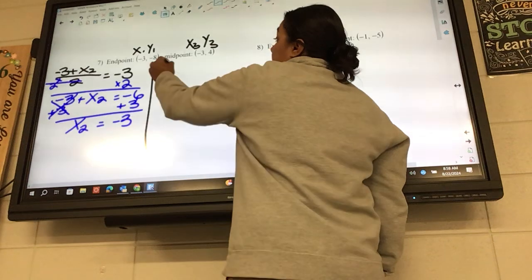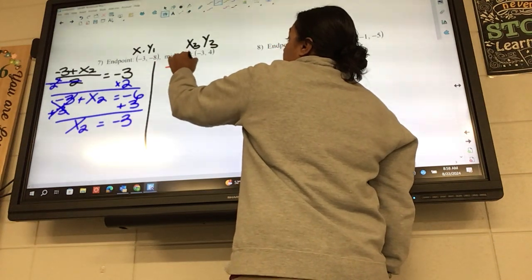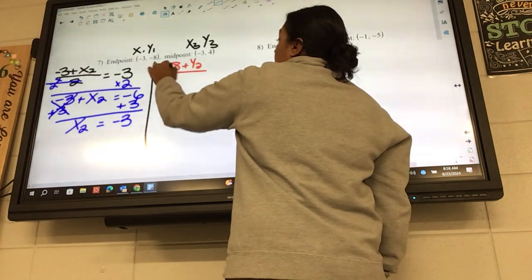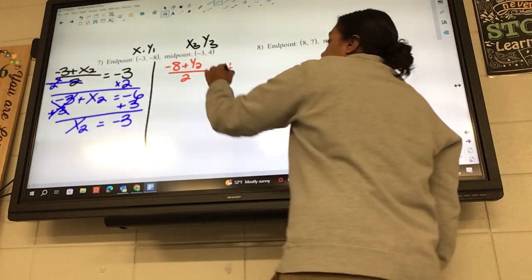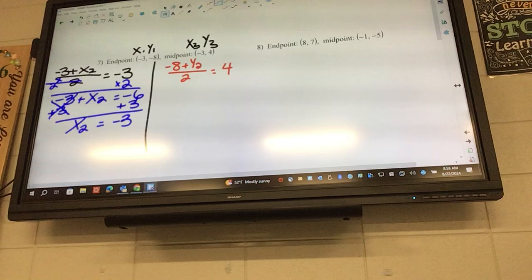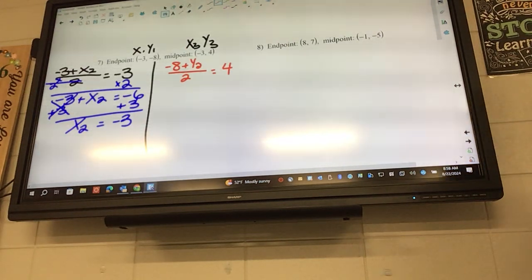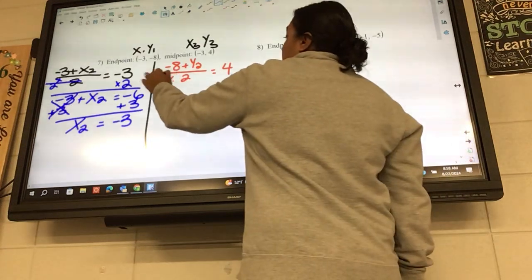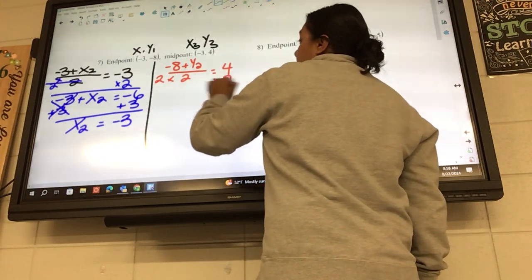Okay, for the y's, I got (-8 + y2) / 2 = my y3, which is 4. We can say times 2 on both sides.